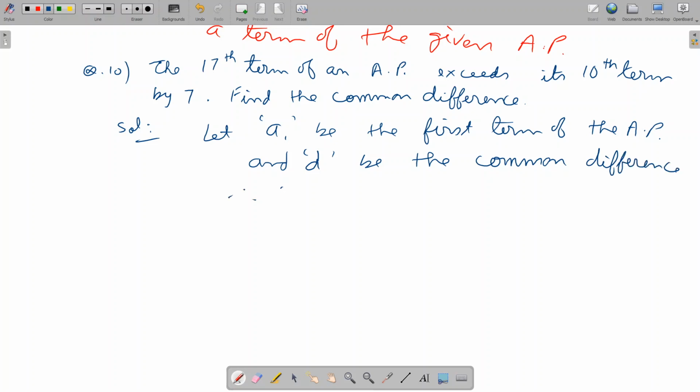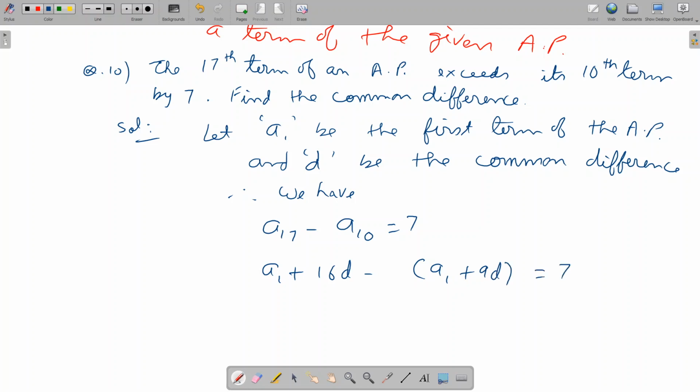Therefore, we have, the 17th term of an AP exceeds the 10th term by 7. That means the difference of the 17th term and 10th term is 7. So we write A17 minus A10 equal to 7. Both will use the general formula of AN. So A17 will be A1 plus 16D, minus A10, which is A1 plus 9D, equal to 7.